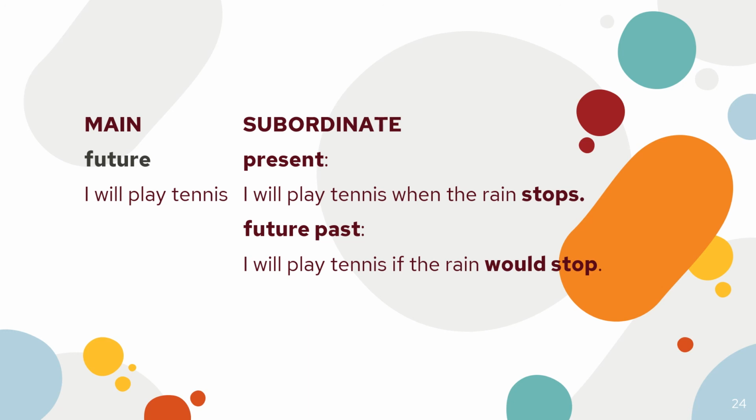I will play tennis when the rain stops, or the future past. I will play tennis if the rain would stop. In both cases, the action in the subordinate clause occurs first. After it occurs, the action in the main clause will take place.